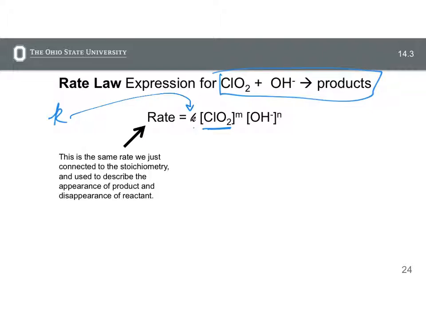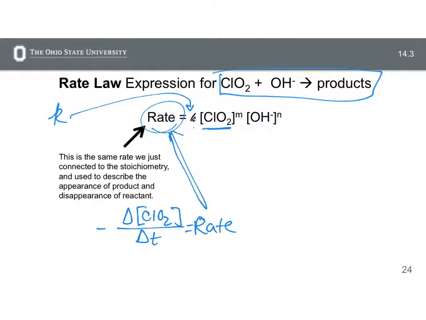The rate that is going to be used in this equation is the same rate that we calculated when we did the change in concentration over time. It's the same value. These are equal.